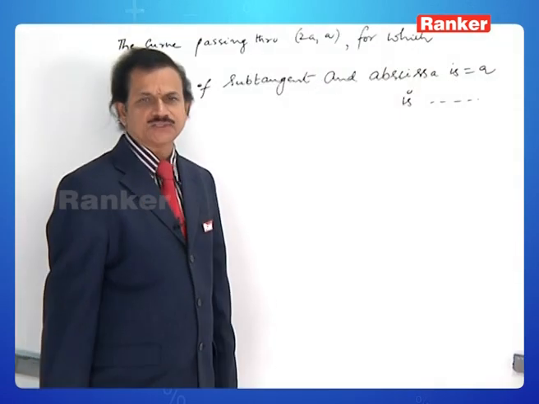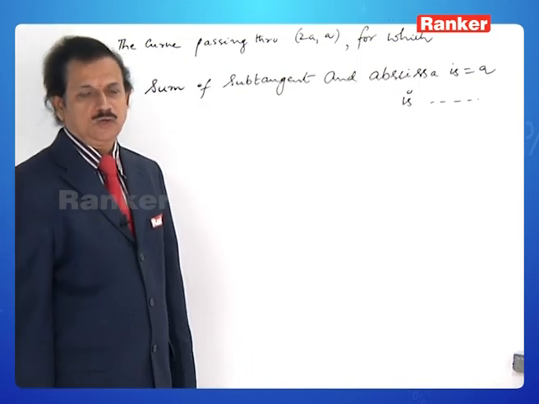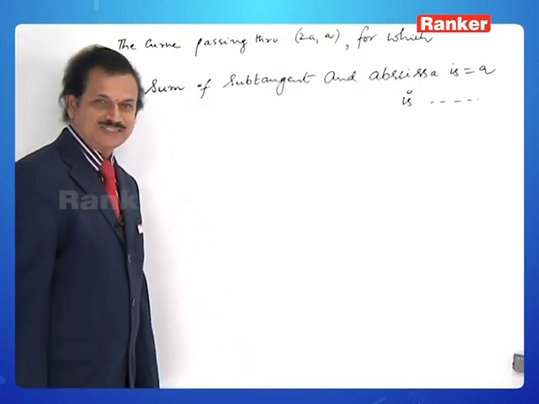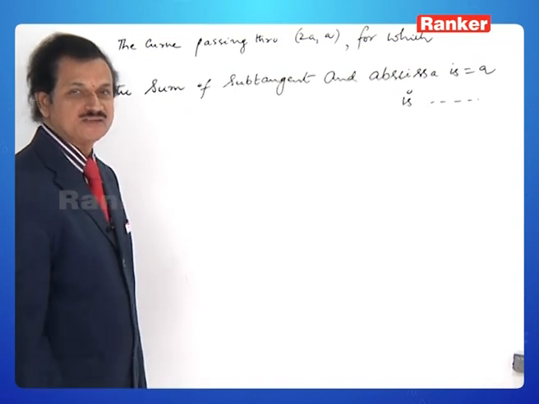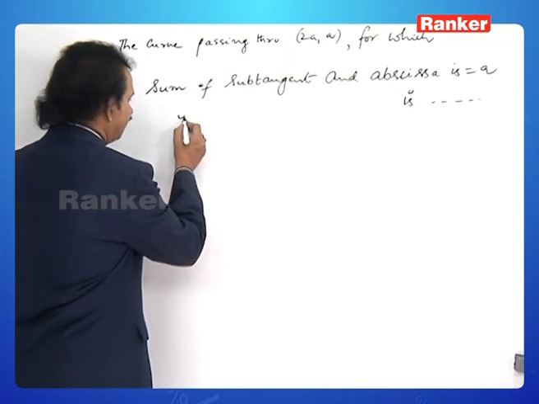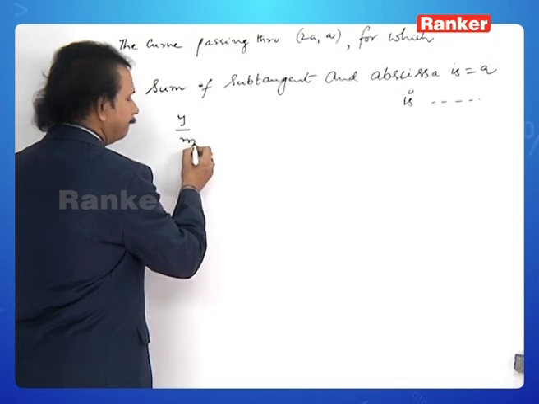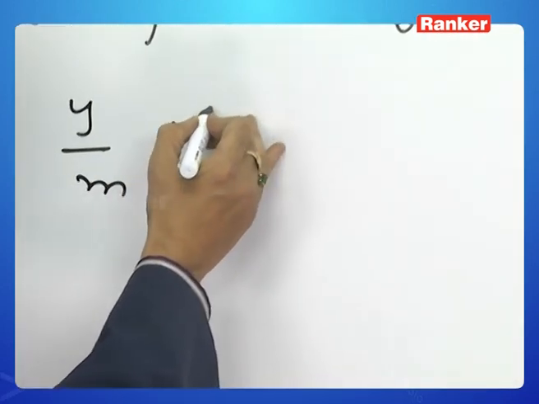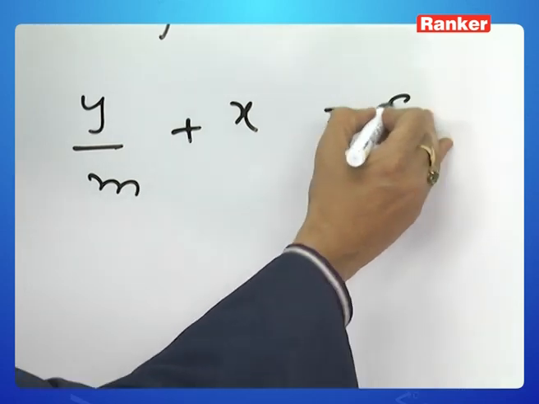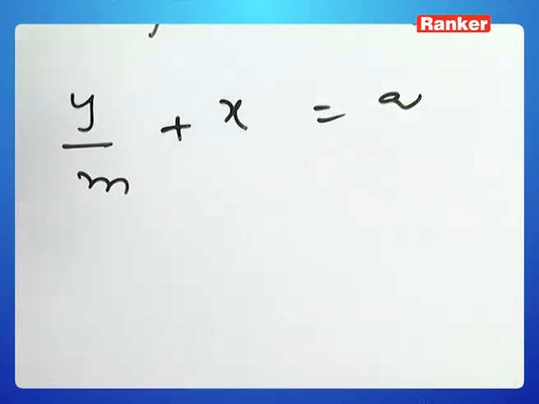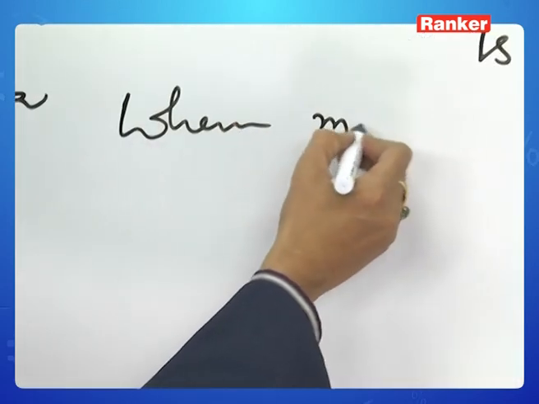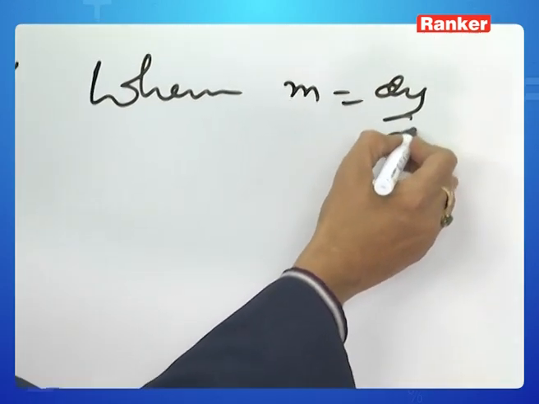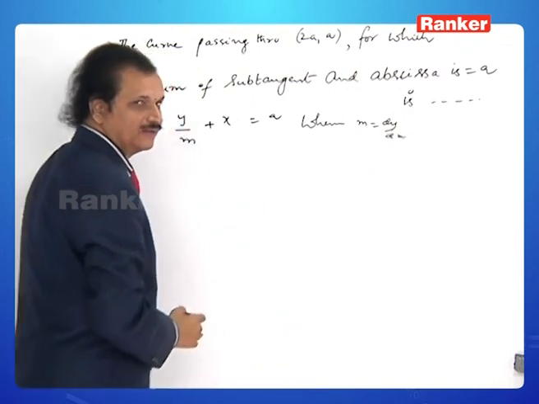Let the curve be y is equal to f of x. What is the formula for length of the subtangent? y by m, isn't it? That is y by m plus abscissa x is a, where m is equal to dy by dx. Isn't it?